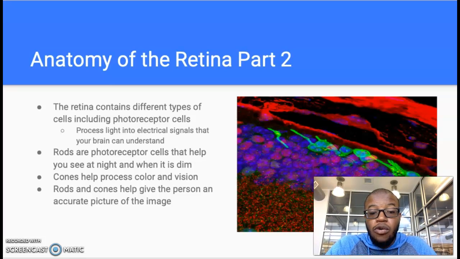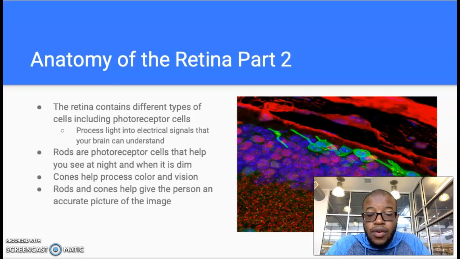The cones help process color and vision. So this will help the eye differentiate color. See, I have a mechanical pencil right here. The cones will help me differentiate that this part is purple and this part is green.